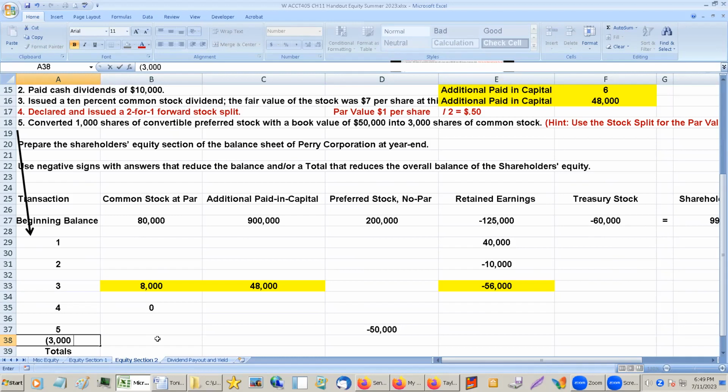So 3,000 times 50 cents is 1,500. And so the rest of that 50,000 will be in the additional paid in capital.